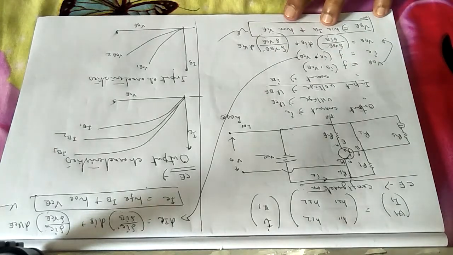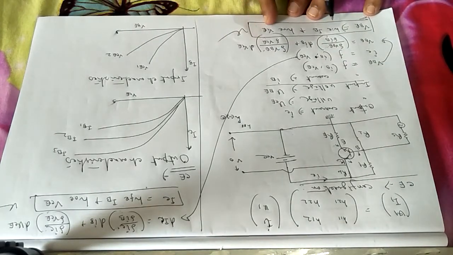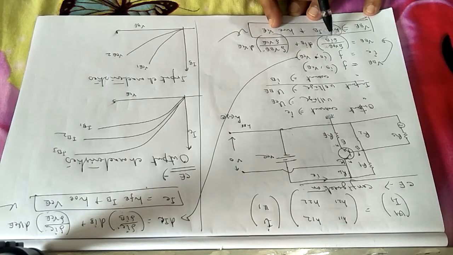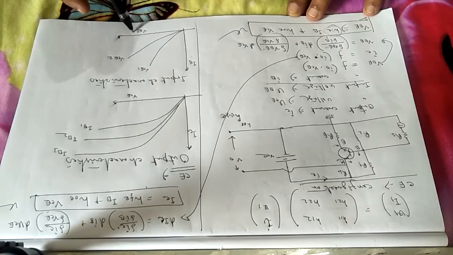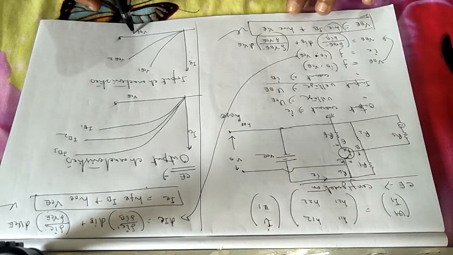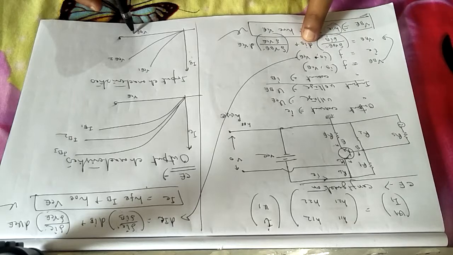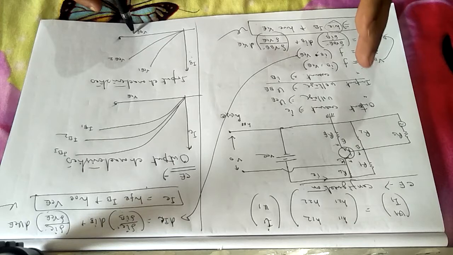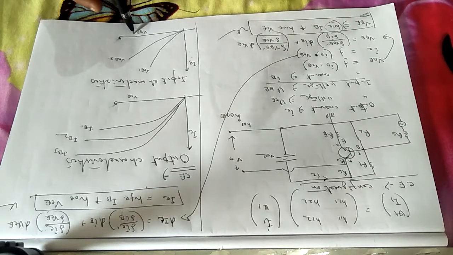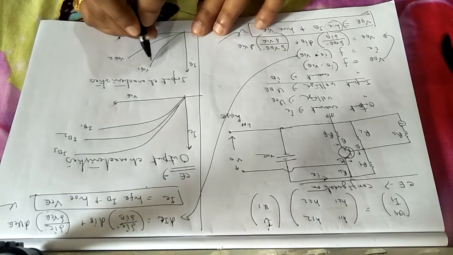First, let us focus on HIE. HIE gives you the ratio between VBE and IB. So for VBE and IB, I have to look at the input characteristics, the ratio between these two when the other parameter is constant. The other parameter means VCE is constant. So how can we make VCE constant?